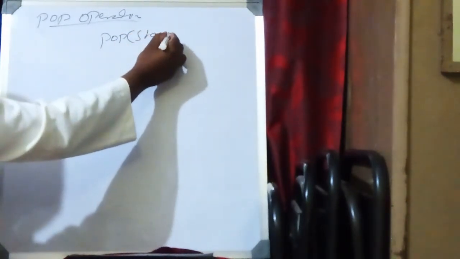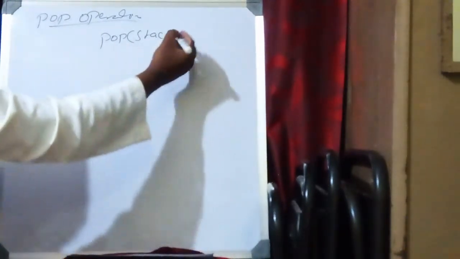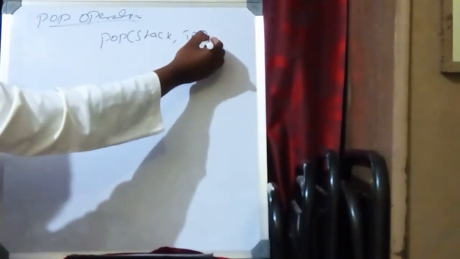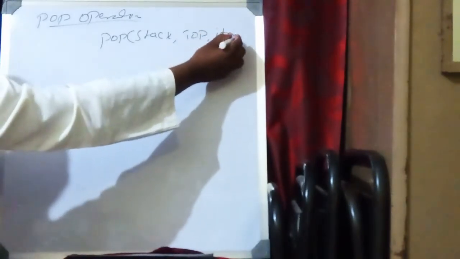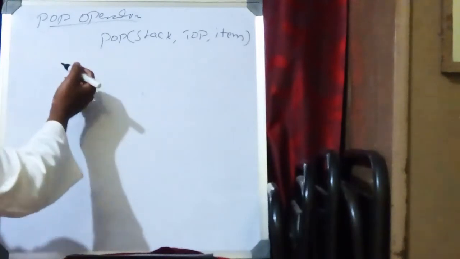Pop is the function. It contains stack. Stack is the array. Next, it should contain top. Next, item, which we want to remove here. Which element we want to remove? That is the item here.